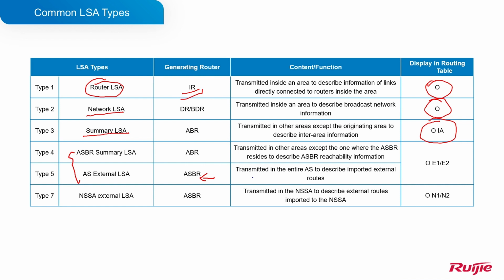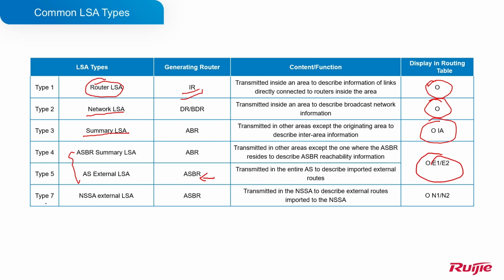So we can transmit the type 5 LSA information in the whole AS. Okay. So in the routing tables, we can see the OE1 or OE2. These two tags mean the type 1 or type 2 external routing information in our routing tables.